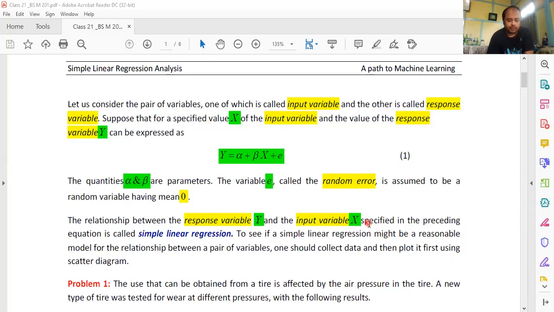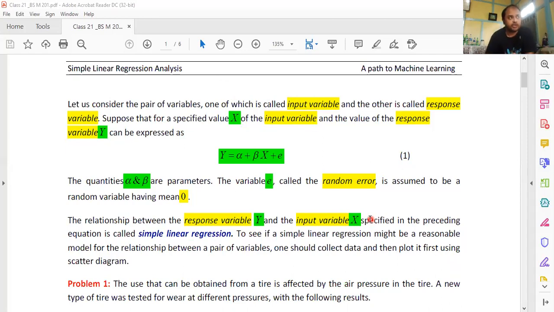Now, the question is, we know that we can find out the linear relationship between the two variables if possible, if they exist at all. But we have to find out whether the linear relationship between the variables can exist or not. So that can be done by putting the values of the variables inside the software and plotting them in a curve.